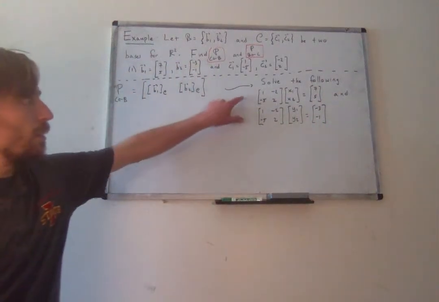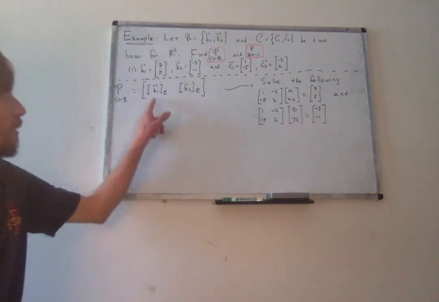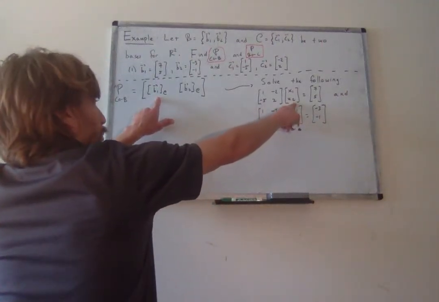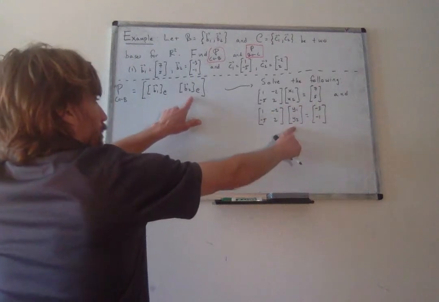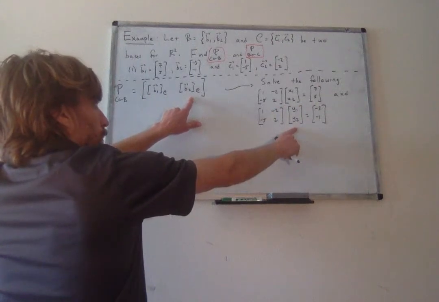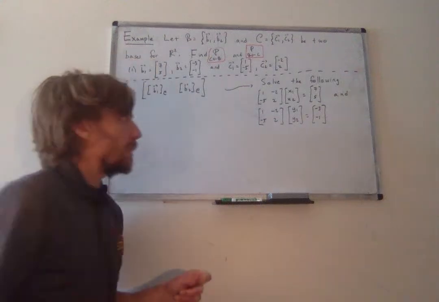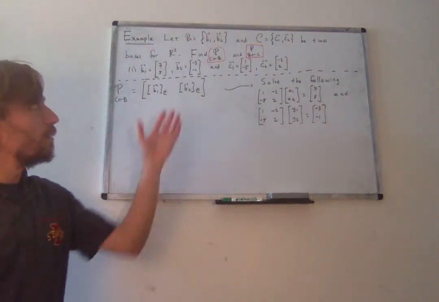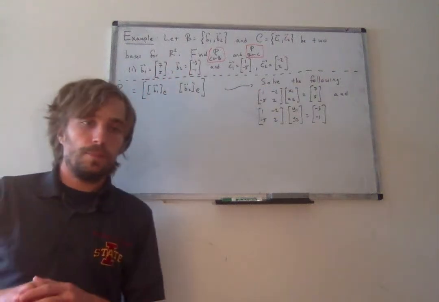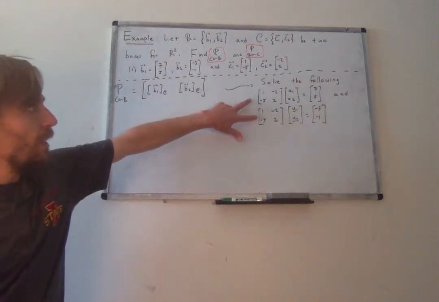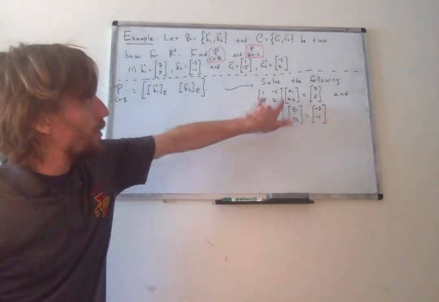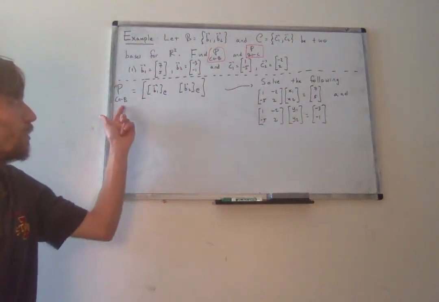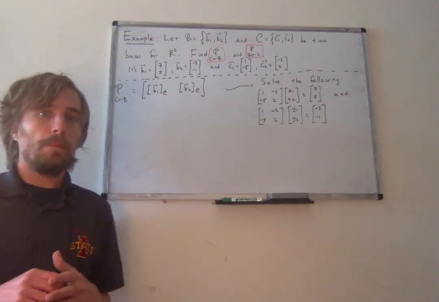This solution vector x1, x2 will be B1 sub C, and this vector will be B2 sub C, because we're solving for the B1 and B2 representations under the basis C. If I can find these 2 vectors, which give solutions to these 2 matrix equations, I'll get P from B to C.